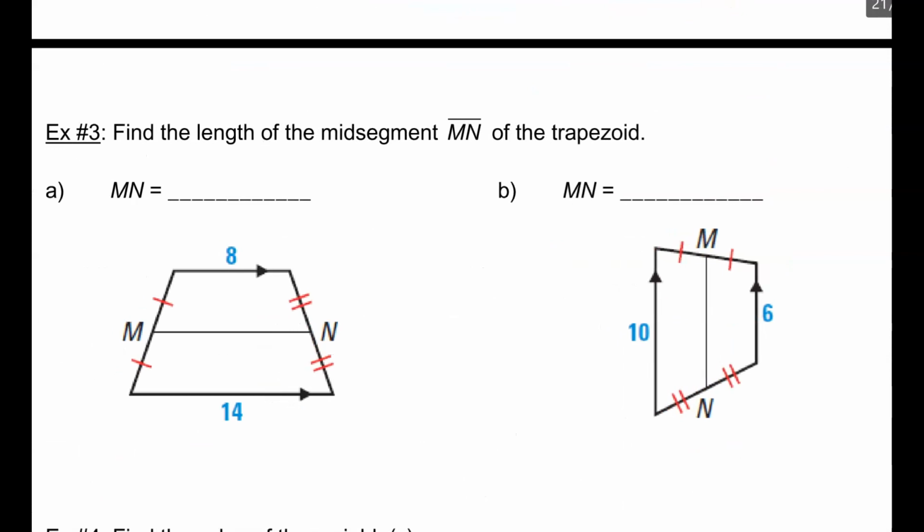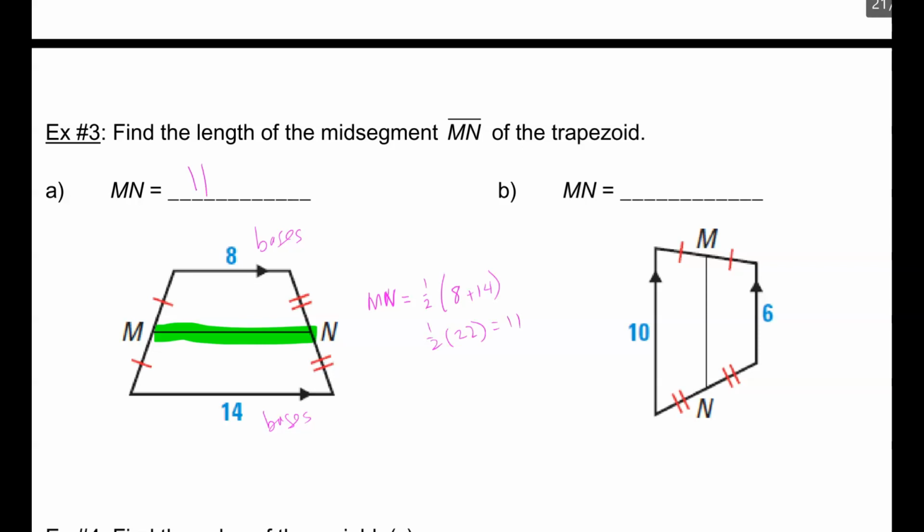Find the length of the mid-segment MN of the trapezoid. Okay, so I see this is the mid-segment, and we know from the previous page, MN, this length, is going to be half of the two bases added. So it's going to be half of 8 plus 14. 8 plus 14 is 22, so half of 22 is 11.